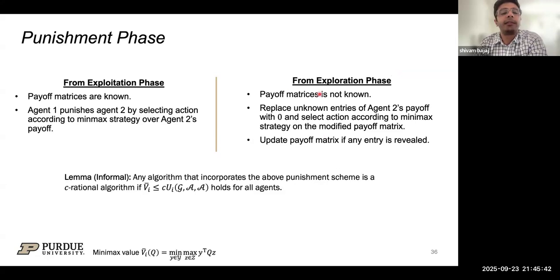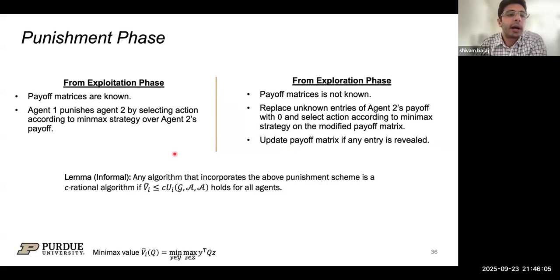In the exploration phase, since the payoff matrix is not known, the idea is to construct a virtual payoff matrix for agent 2. And we do that by replacing all of the unknown entries with 0, and then we determine a minimax strategy against it. And whenever an entry of that matrix is revealed, we update it. Otherwise, we keep it 0 until it is revealed, or it might not be revealed.